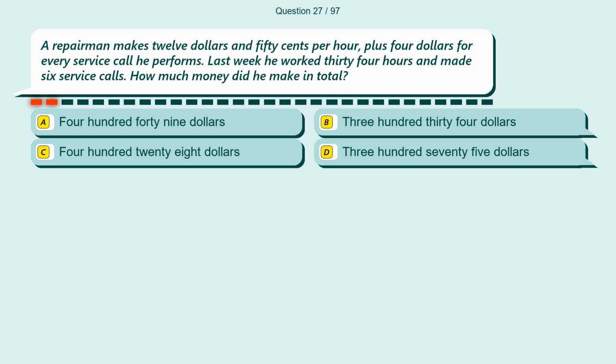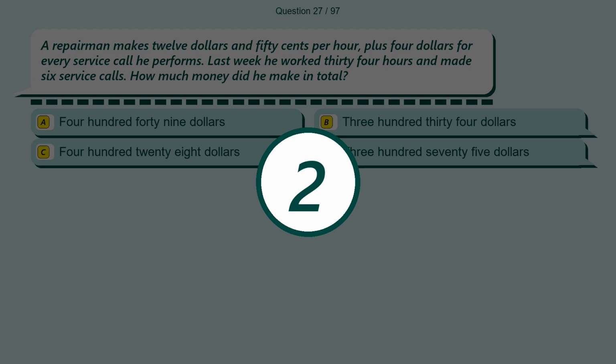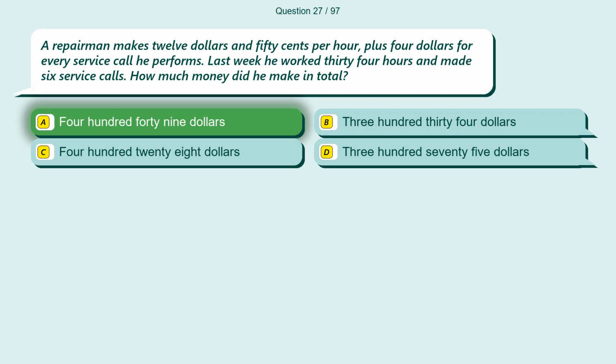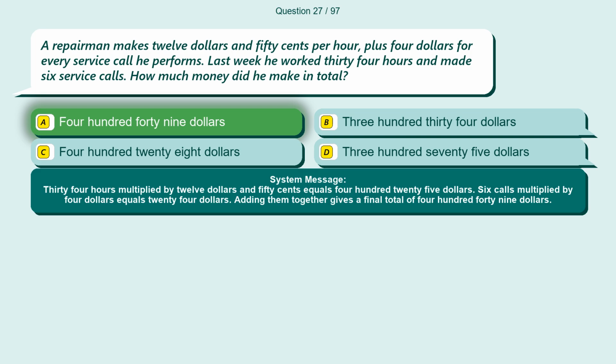Option D, $375. The correct answer is option A, $449. 34 hours multiplied by $12.50 equals $425. 6 calls multiplied by $4 equals $24. Adding them together gives a final total of $449.